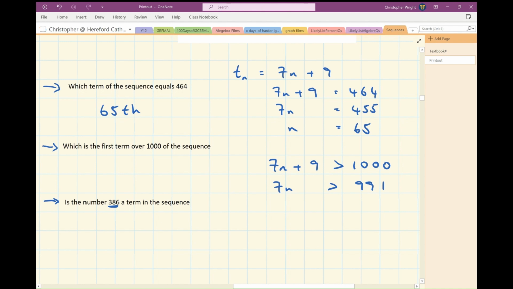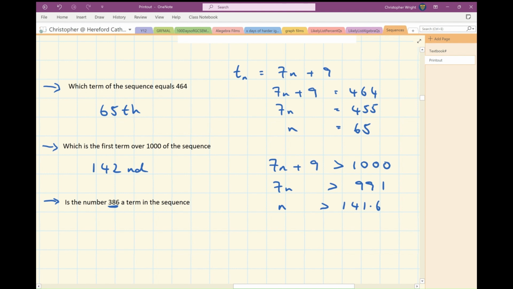And if I do 991 divided by 7, I get 141.6. So n has got to be greater than 141.6. That means that the 141st term would be less than 1,000. And in order to give me a term of greater than 1,000, n must be at least 142. So the first term over 1,000 is the 142nd term.